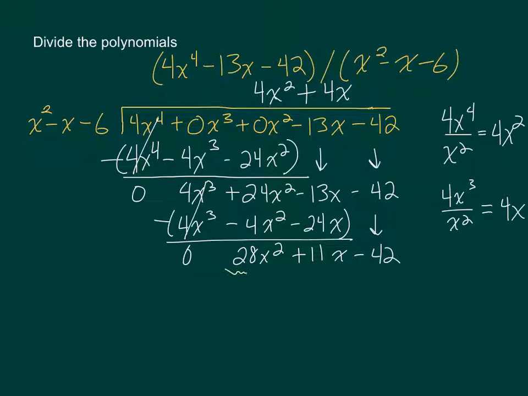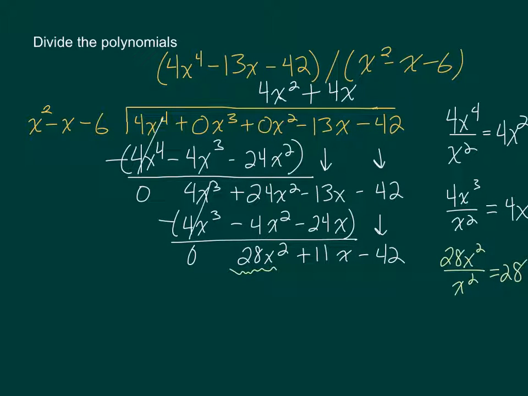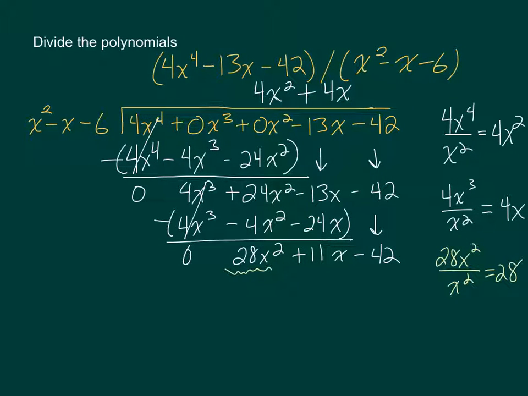Now we've got 28x squared as our first term. The first term of the divisor is still x squared. That gives you 28. So we take that result, 28, and put it above the correct term of the dividend, plus 28.